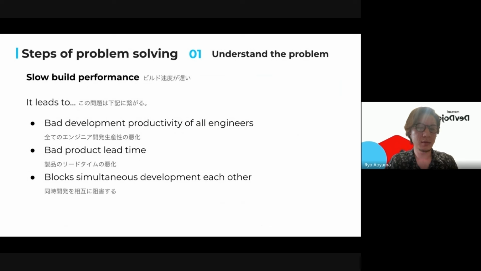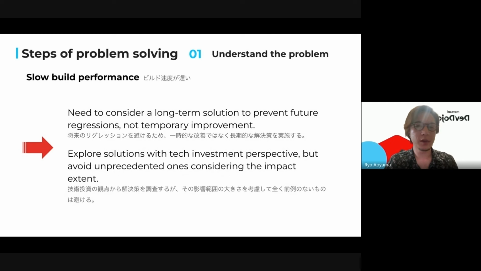So for this particular issue, in order to avoid future regressions and deterioration, we will implement a long-term solution rather than putting in a temporary improvement. But as I explained, this problem also has a positive side.